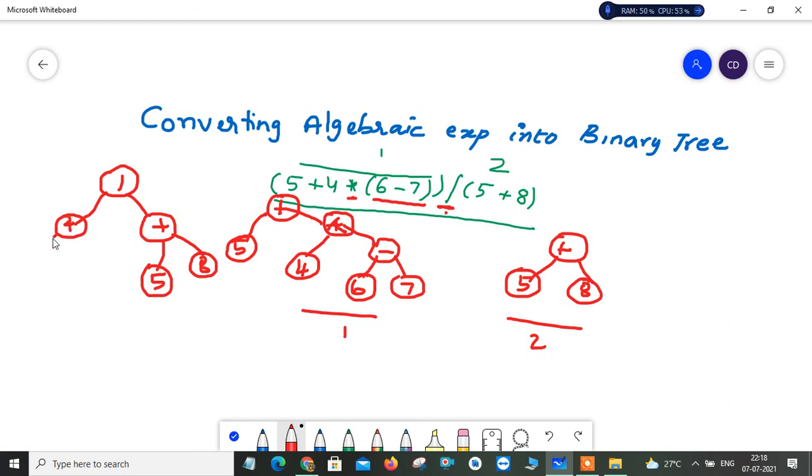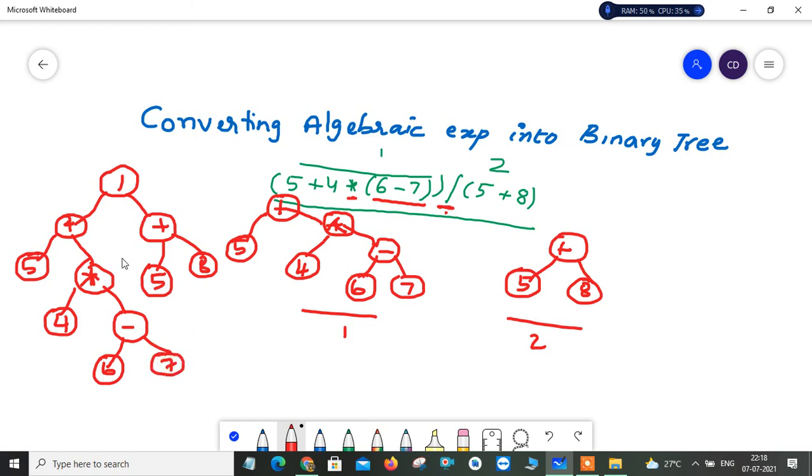So plus, and then I have 5, and then on the right side I have the multiplication operator. Simply I can match the things. I cannot do more than that. Simply I can take this part and add it on my left side. So now it is 4, and then here I have subtraction, and here I need to subtract 6 and 7.